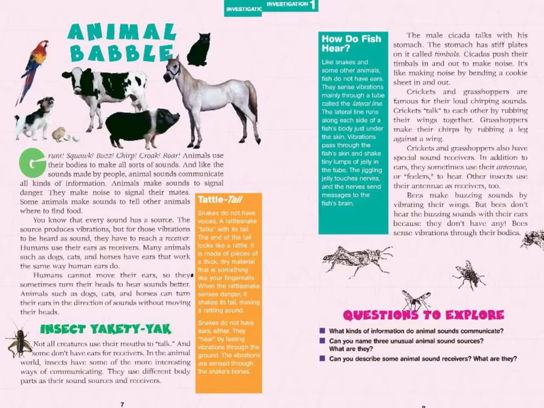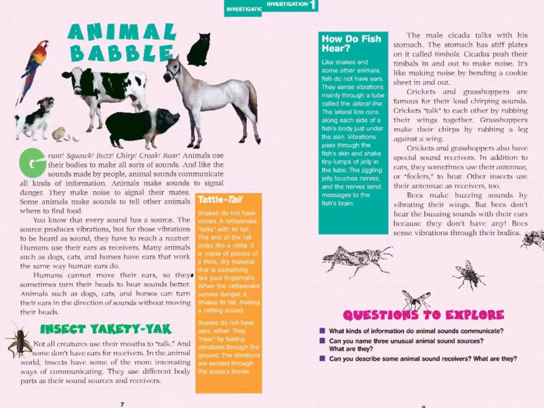Animal babble. Grunt, squawk, buzz, chirp, croak, roar. Animals use their bodies to make all sorts of sound. And like the sounds made by people, animal sounds communicate all kinds of information. Animals make sounds to signal danger. They make noise to signal their mates. Some animals make sounds to tell other animals where to find food. You know that every sound has a source. The source produces vibrations.